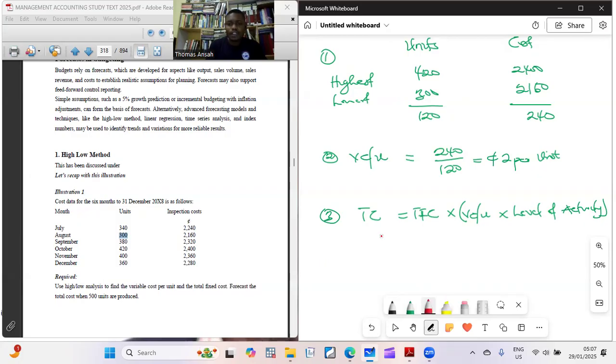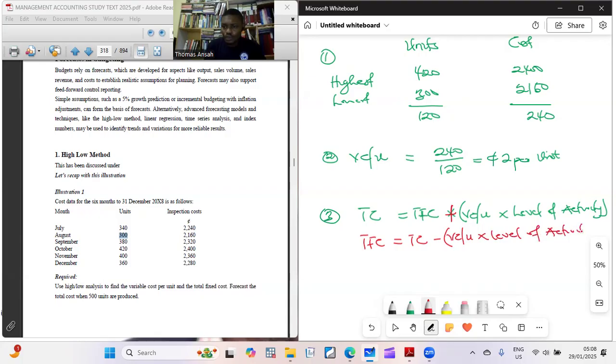So total fixed cost will be equal to total cost minus variable cost per unit multiplied by level of activity.